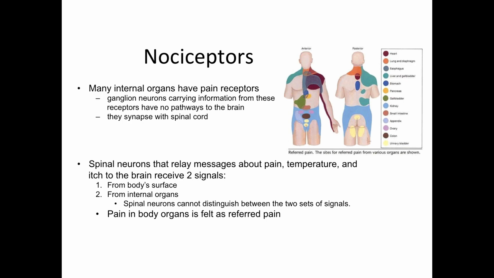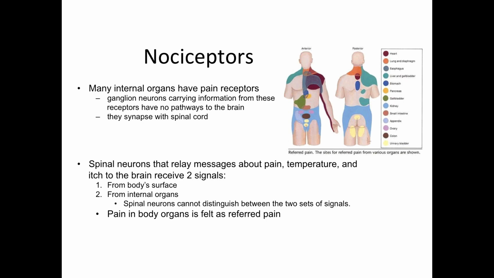So many internal organs, including our heart, have pain receptors. However, the ganglion neurons that carry the information from these receptors don't have pathways directly to the brain. So instead, they synapse with spinal cord neurons that receive nociceptive information from the body's surface.